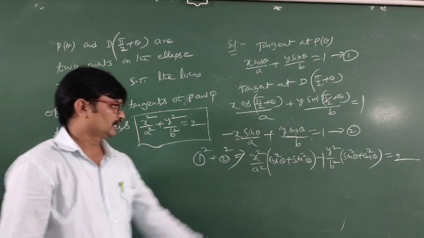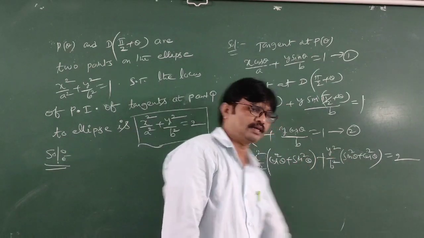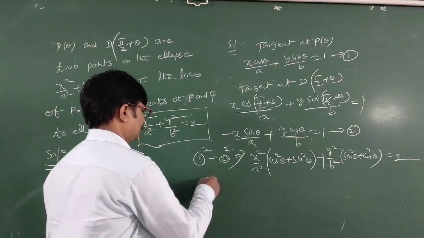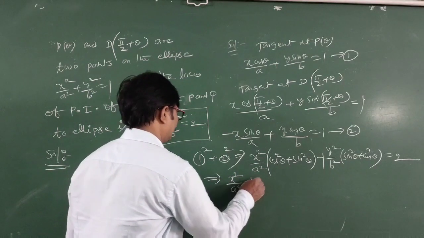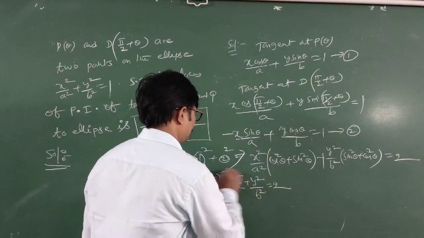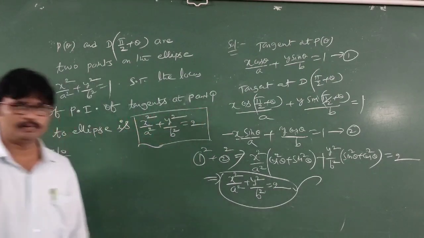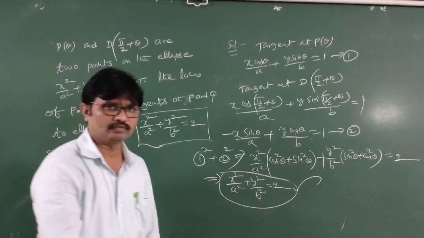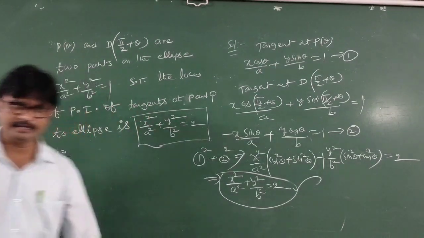Cos square theta plus sin square theta is 1, so x square by a square plus y square by b square is equal to 2. Is it clear students? X square by a square plus y square by b square equal to 2. Write down students.